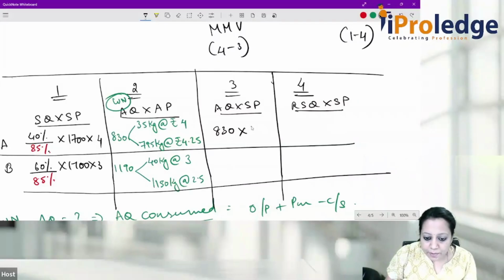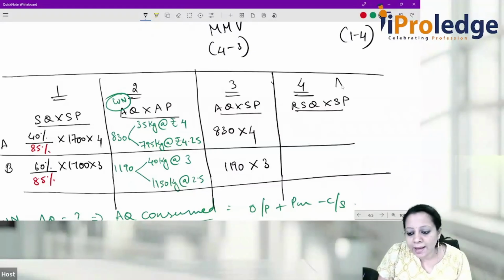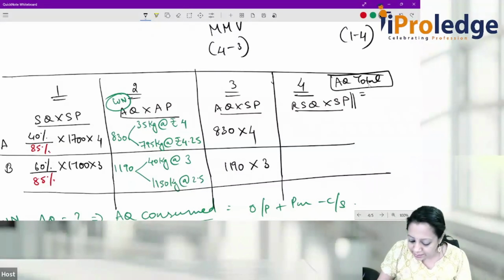830 into 4, and 1190 into 3. Then RSQ. RSQ is nothing but actual quantity rewritten in standard proportion. Actual quantity total is 830 plus 1190, that is 2020.